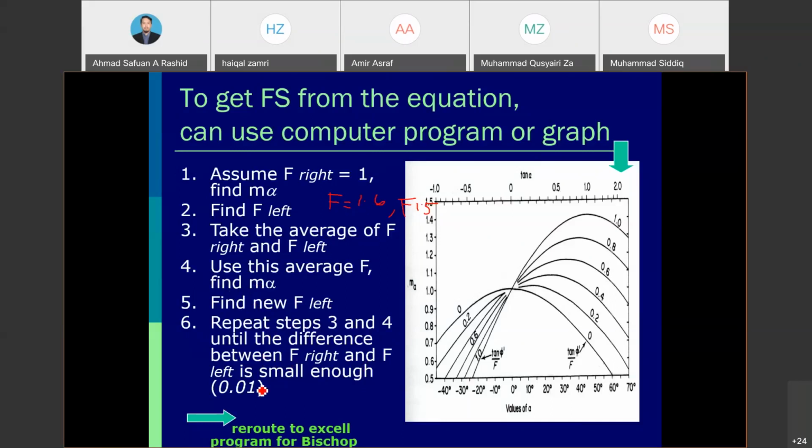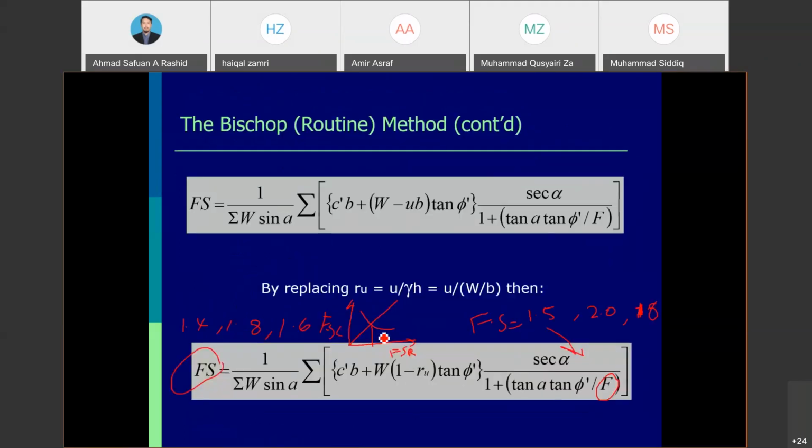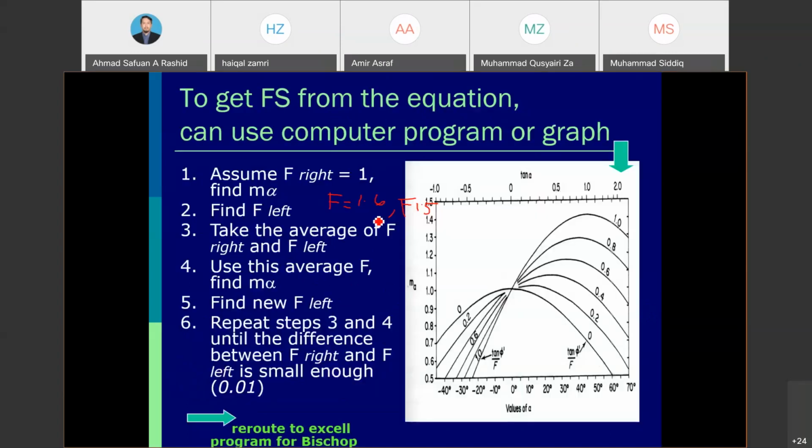So for me, you do 3 times and then use this line of equality. So yang ni boleh lah, dia akan mengecilkan lagi dia punya perkiraan sebab kita guna average kan. So betul juga. So normally we need to do up to 3 attempts.